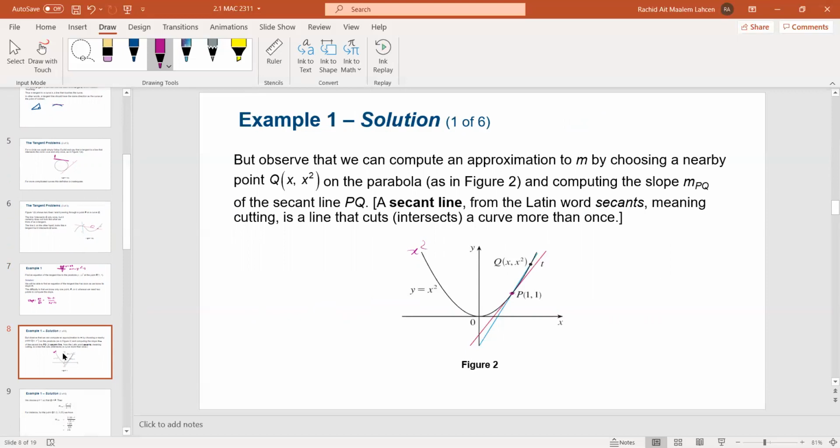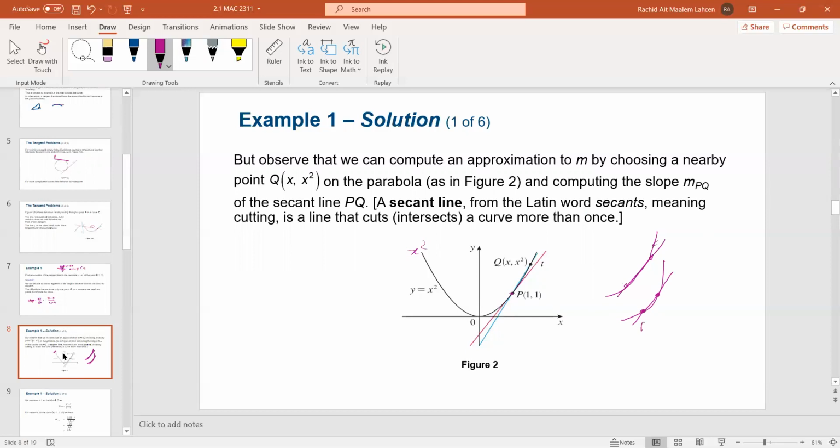And one line we can attempt here is the secant line. Like I mentioned, you try to cross the graph, just curve it a little bit so you see what happens. Let's say here and here.